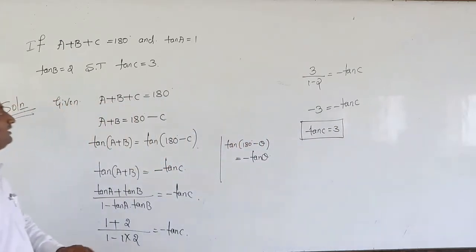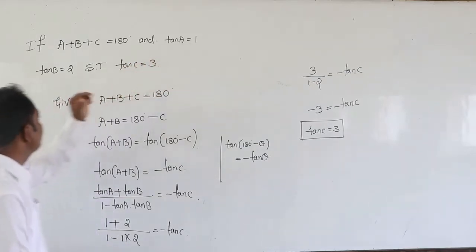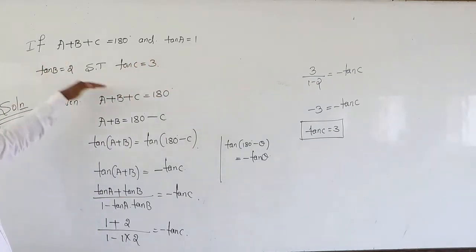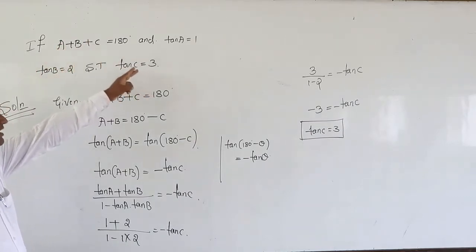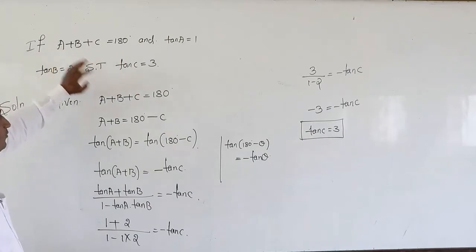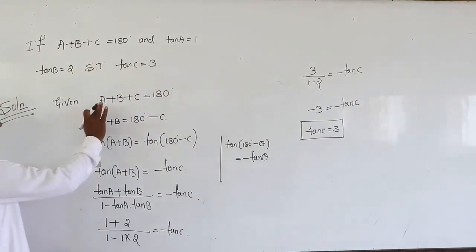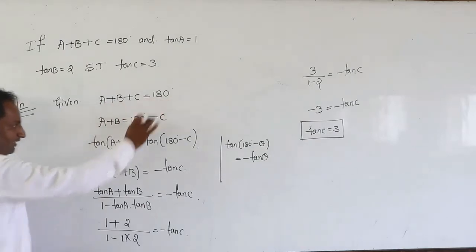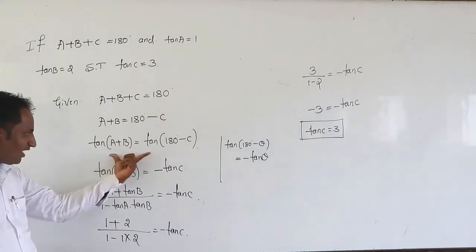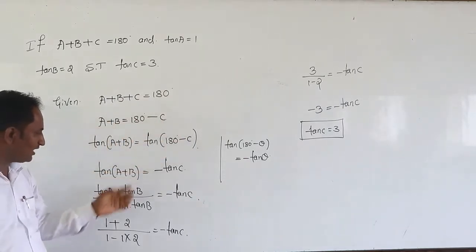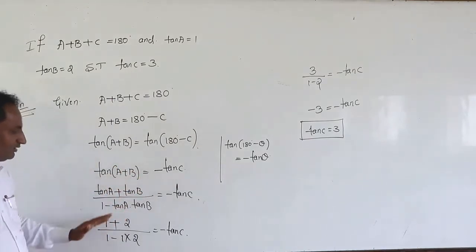We can show that tan c value is 3, given tan a value is 1, tan b value is 2, by using the concept of a plus b plus c is equal to 180 degrees. Given a plus b plus c is equal to 180 degrees, then shifting c to the RHS side, then taking tan on both sides, then applying the tan of a plus b formula, we get the result.